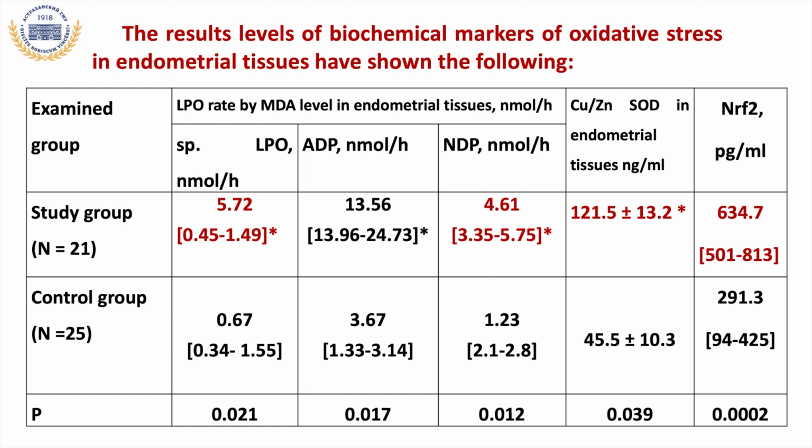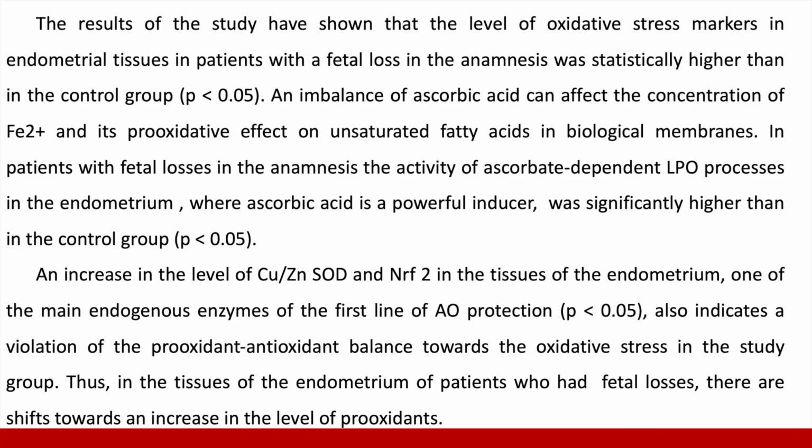The results of the study of the markers of the oxidative stress are presented in the table. The results of the study have shown that the level of oxidative stress markers in endometrial tissues in patients with a fetal loss in the anamnesis was statistically higher than in the control group.